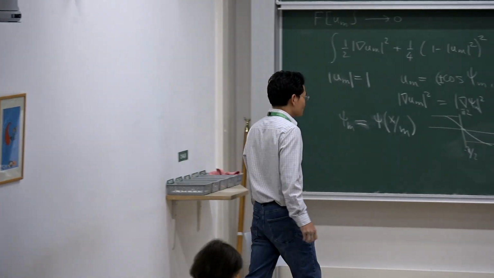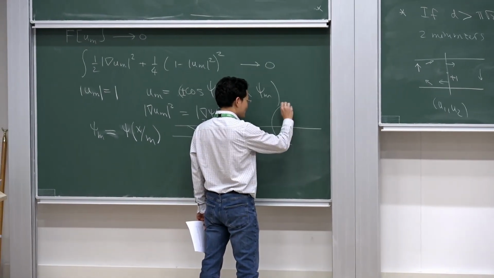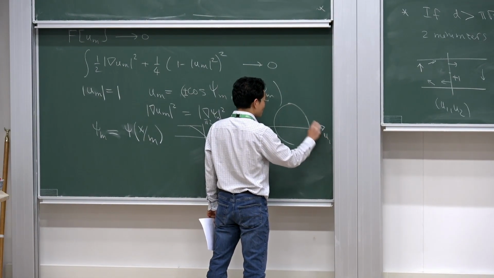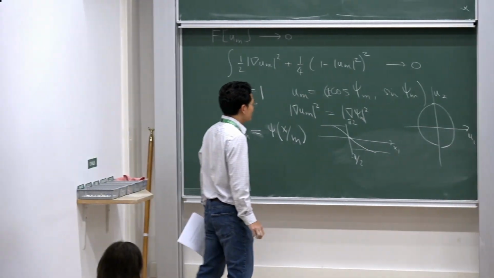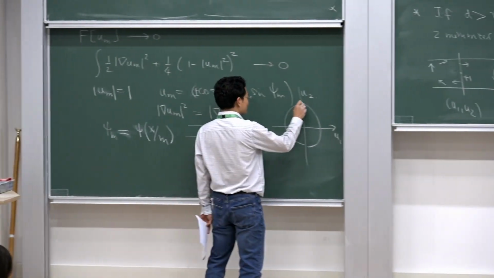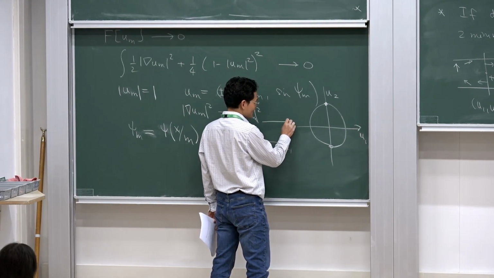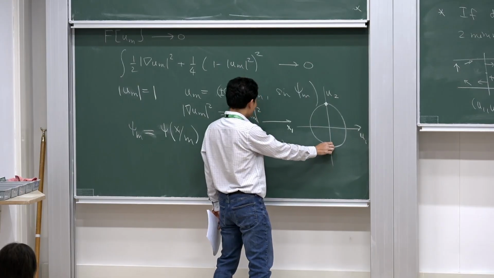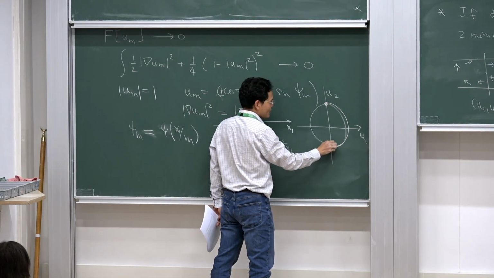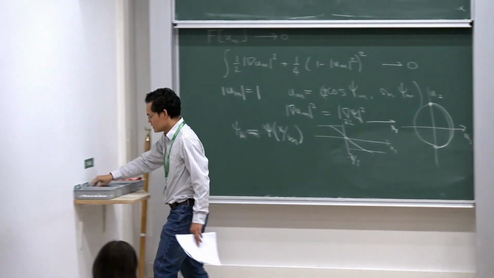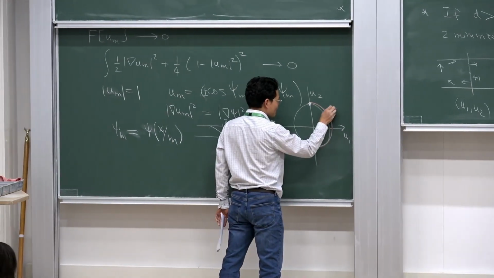Now, if you look at the image, this is U1 and U2. At infinity, if you look along the x1 axis, it corresponds to those two points. If you go along the plus side, your map is going to sit on this part, that's the plus part.